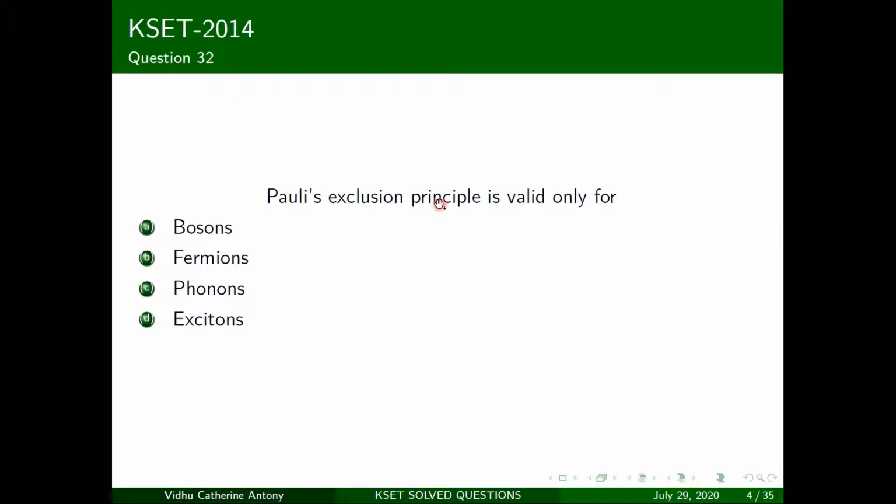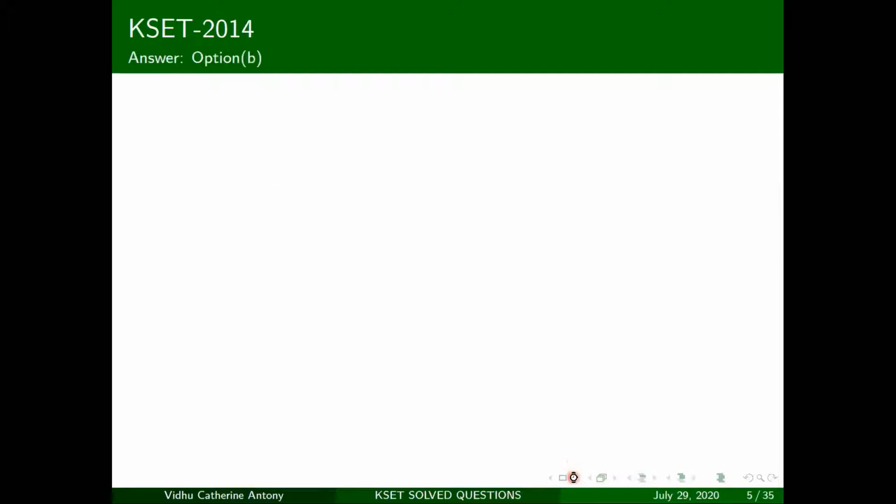So if there are 2 electrons in one state, the one has to be spin up and another one has to be spin down. You can't have both spin up, right? So those kinds of things come under Pauli's exclusion principle. And what are those kinds of things? Those kinds of things are basically your fermions. So let's look at this a little bit.